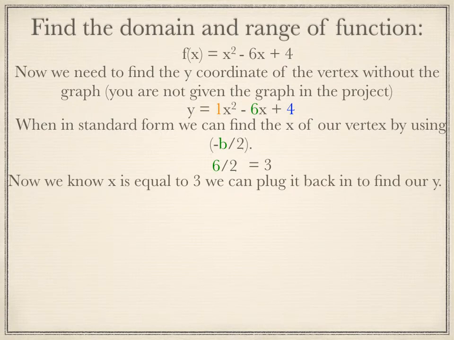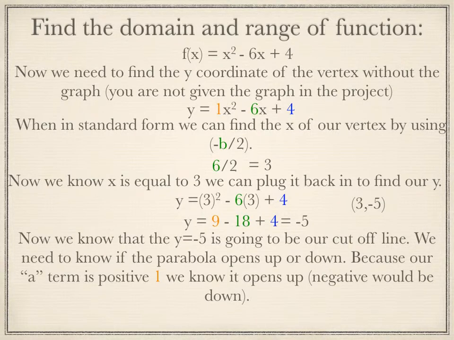So that's going to be our x of our vertex. Now we can plug our 3 back into our original equation to find our y. So we get 3 squared minus 6 times 3 plus 4, which is 9 minus 18 plus 4, which is equal to negative 5. So note that we have our vertex of 3, negative 5.